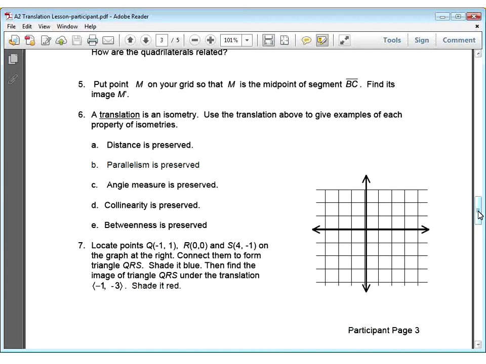Someone found out that we can figure it out because of the slope of the line, right? If the slope of the line is the same, then it's going to have the same angle measure. And collinearity, that means that if you have a couple points in a straight line, they stay in that line. And the distance between the points is preserved. Okay?